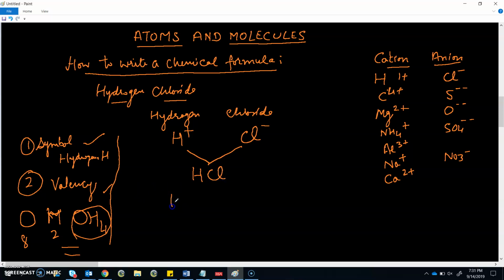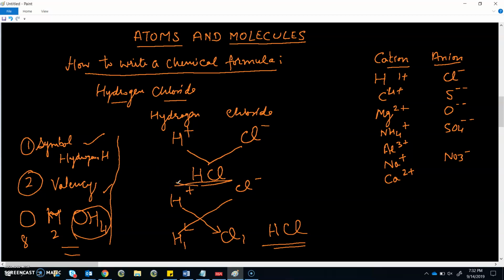Or you can write the other way: if you cross the valencies, this valency comes to this side, and this valency comes to this side. It is 1 and this is also 1. 1 is not written, so the formula will be HCl, the same. Both are same. You can apply any method you can take.